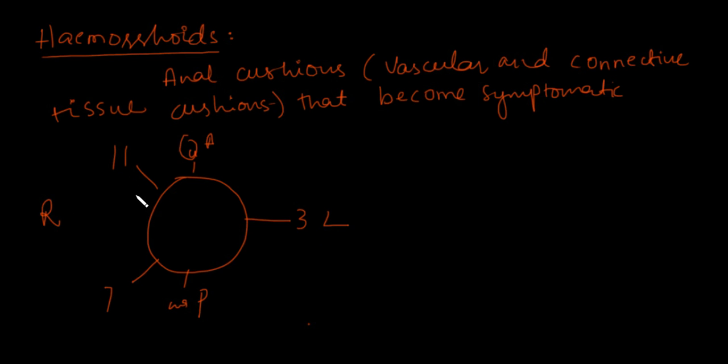This division of the anal canal into anal cushions is due to the anatomical division of vessels in the anal canal. If we consider the rectum, at the end there is narrowing of the rectum to make the anal canal, and then finally the anus.